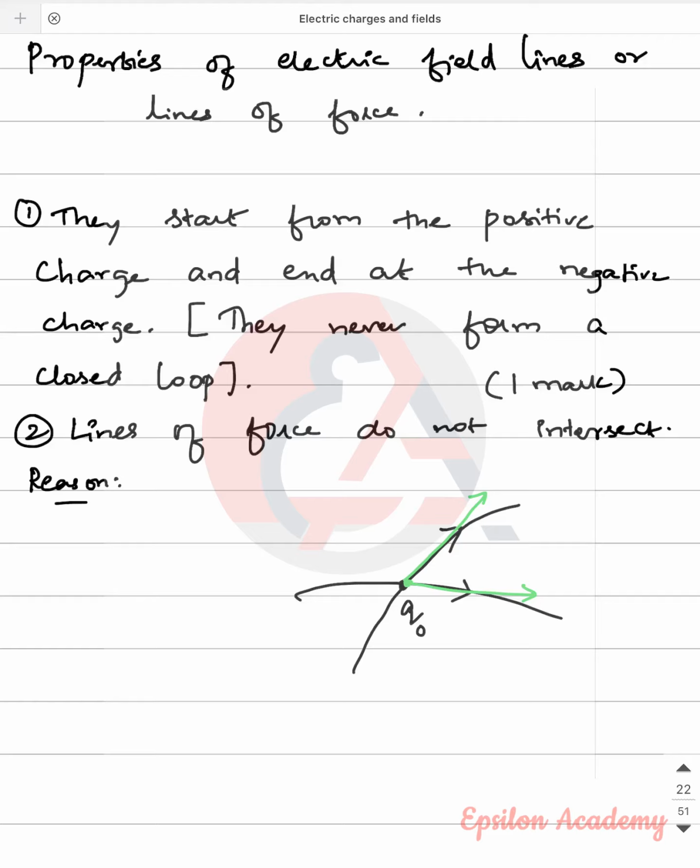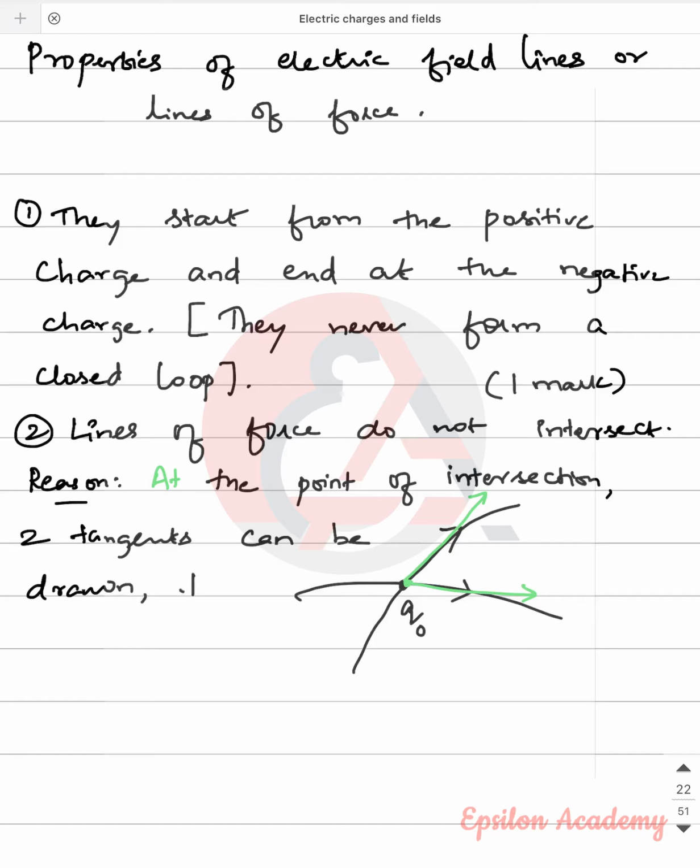So what we are supposed to say is, the reason for this is, at the point of intersection, how many tangents can be drawn? Two tangents can be drawn. And what do they represent?